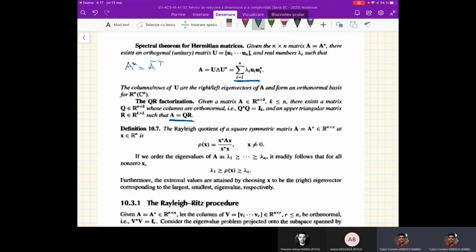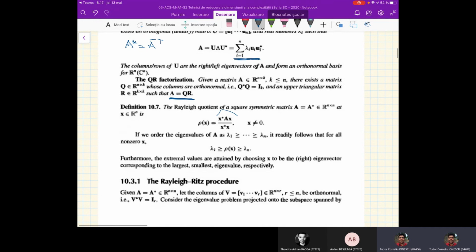So you can always factorize a non-square matrix A in this form. We have a definition called the Rayleigh quotient of a square symmetric matrix. So we have a measure for the matrix in terms of the factorizations.